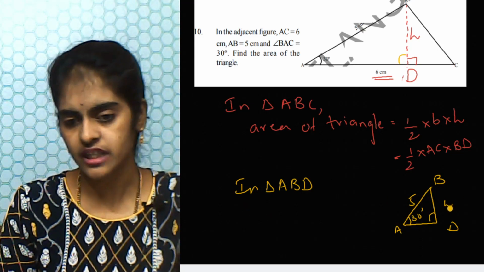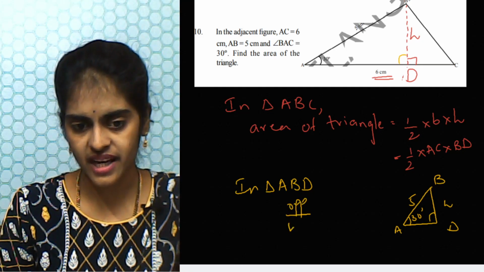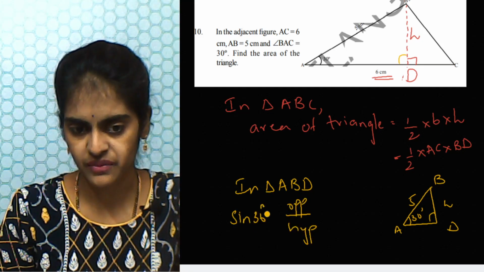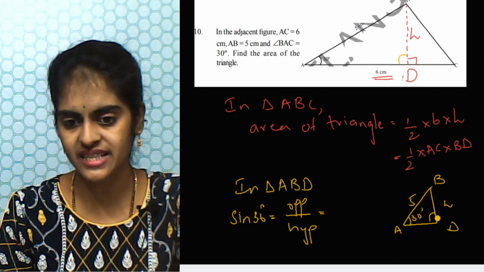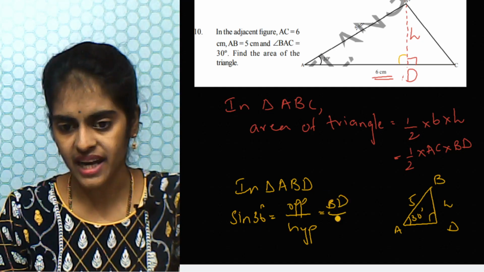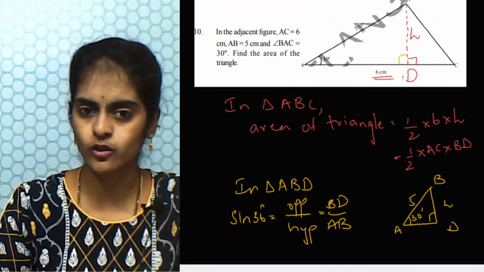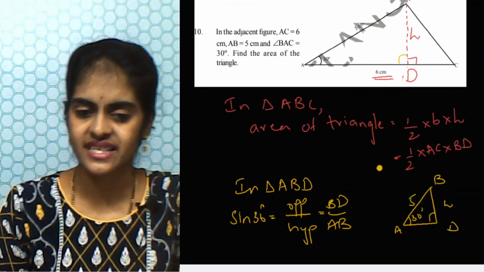Here you have the opposite side and the hypotenuse. Opposite by hypotenuse gives me the sine value, sine of 30. So sine 30 is nothing but opposite by hypotenuse. Opposite side is BD, hypotenuse is AB. You don't know BD, so let me take it as H. H divided by AB, which is 5, is equal to sine 30.